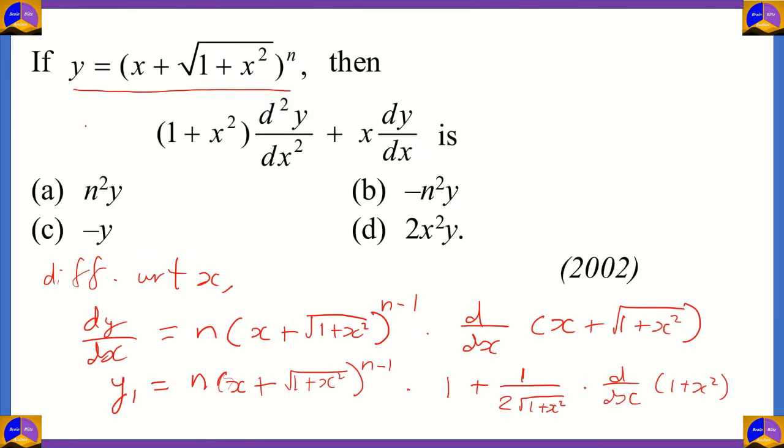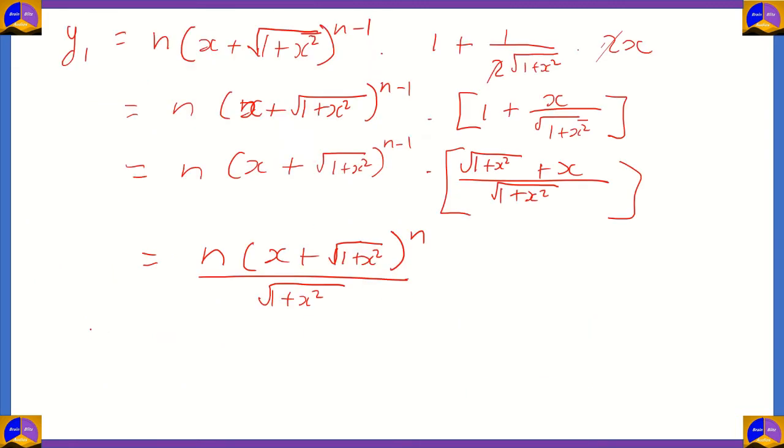Now notice that the value of y is the bracket raised to n. So therefore we will substitute the value of y here. So y1 equals ny divided by under root of 1 plus x squared. Now we just take under root of 1 plus x squared to the left hand side. So therefore ny is equal to under root of 1 plus x squared times y1.